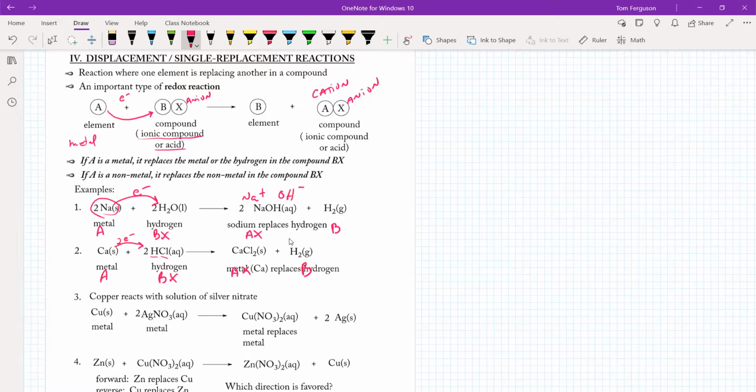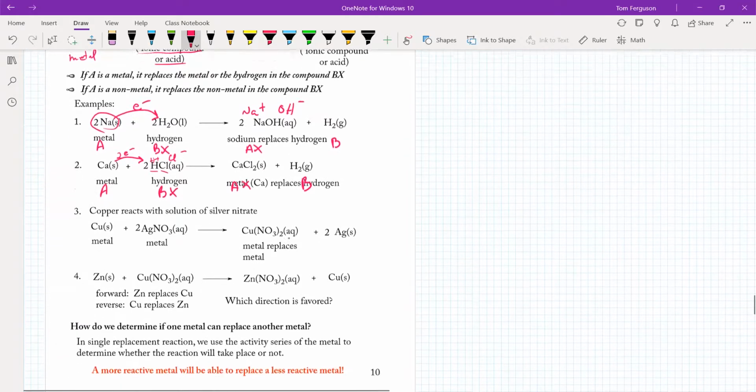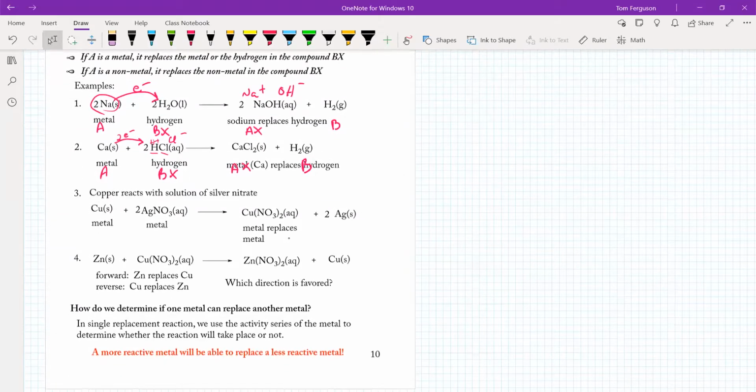So here we have H plus, Cl minus. So when H plus gains an electron, it becomes hydrogen element. We have two of them, so that forms hydrogen gas.